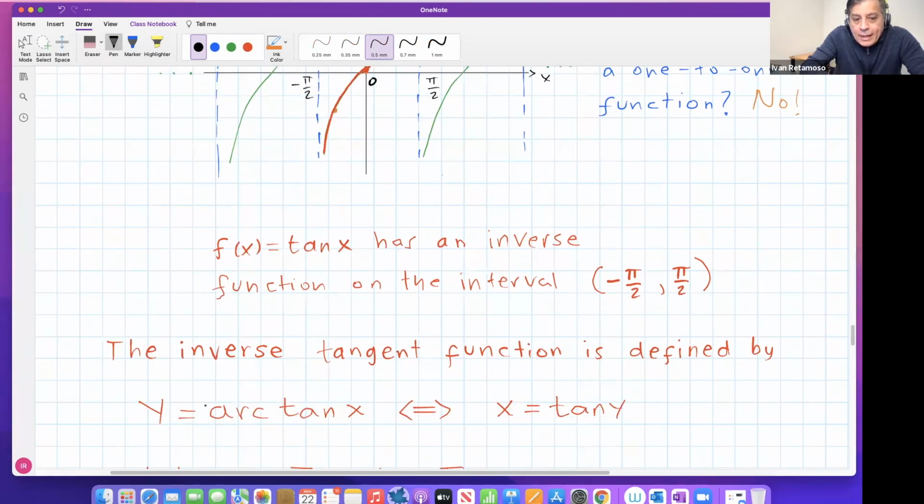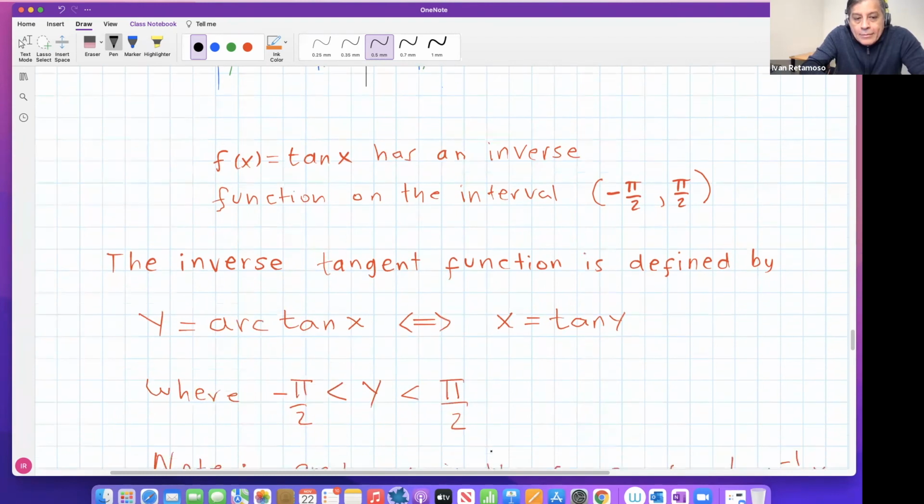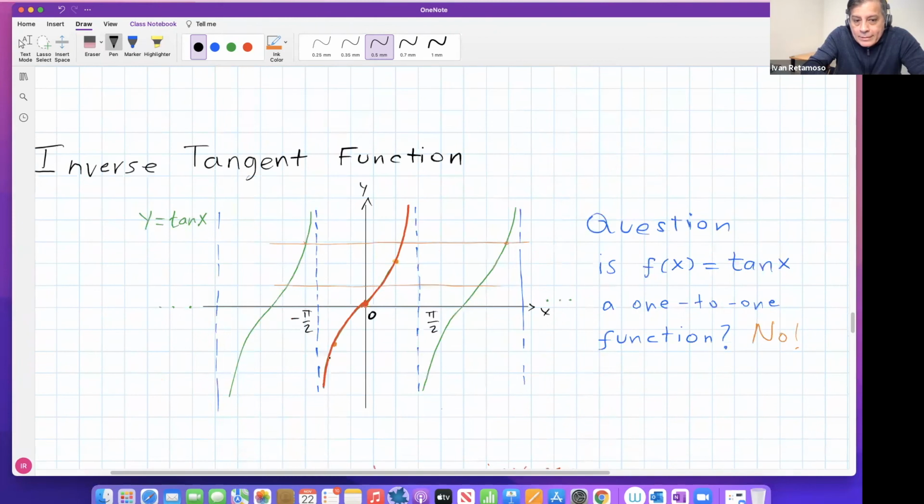Arc means angle, the angle whose tangent is x, if and only if x equal tangent of y, this in reverse, where your angle must be chosen between negative pi over 2 and pi over 2. We explain why: because it is over this interval where the function is one-to-one.